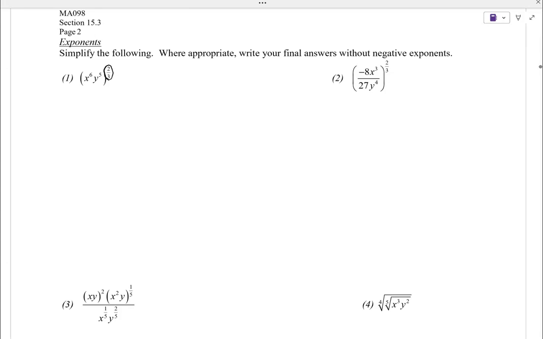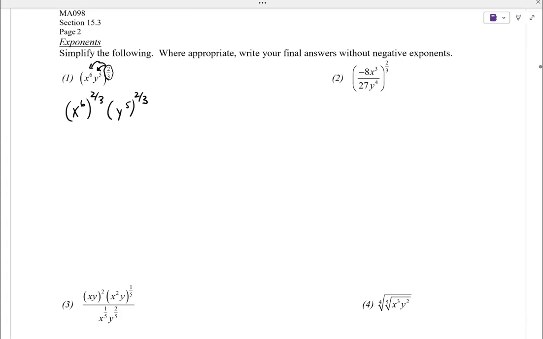So again here, what can I do with this exponent with this product? We can distribute it, right? So this is x to the 6th to the 2/3 times y to the 5th to the 2/3. That's just taking it and distributing it to each piece of the product. What do you do with your exponents now in that situation?